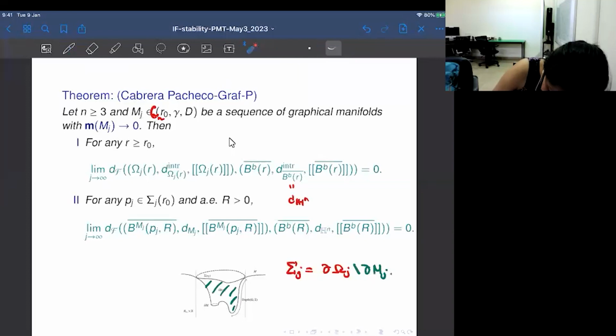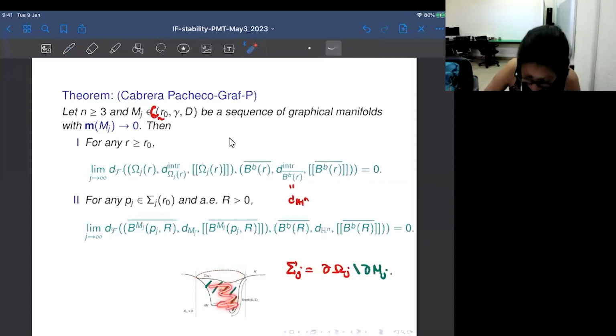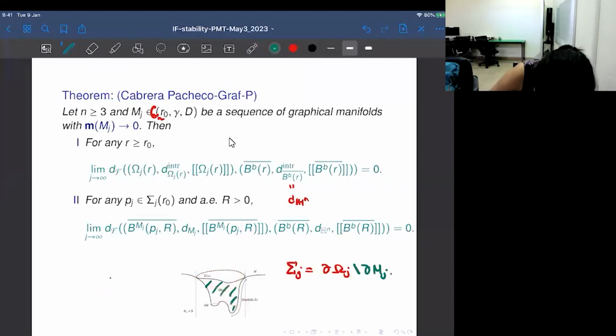Once I take a point in this part, what is happening is that in this region, I don't know if things are disappearing in the limit. I mean, one could have something that is getting thinner and thinner and thinner.